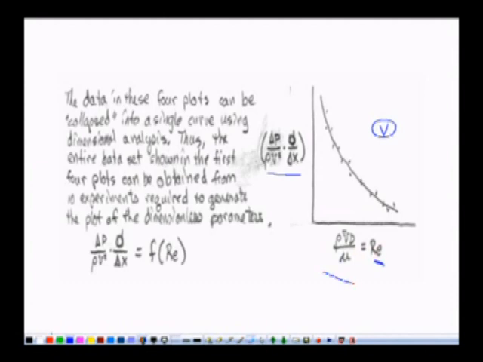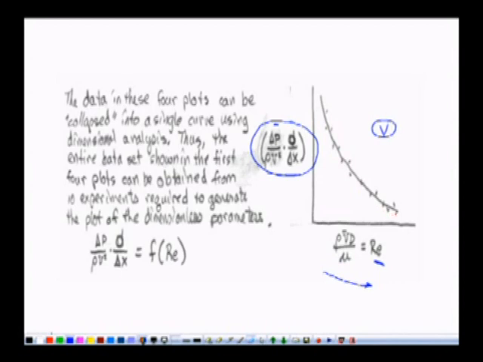So, by changing velocity we will get different points at different velocity, measure this del P, and by measuring this del P we can find this whole term, right. In this manner we can conduct the experiment and we will get these points, join these points.